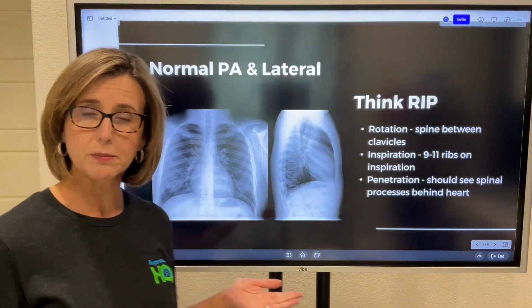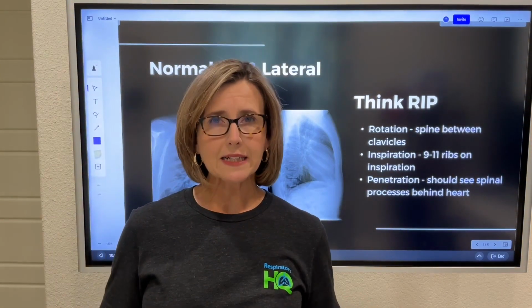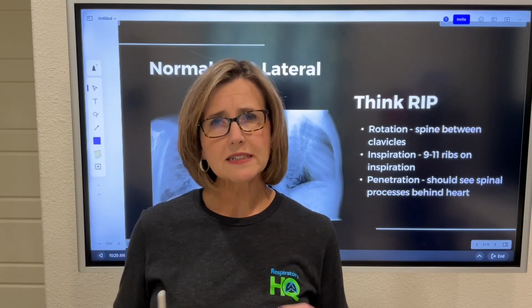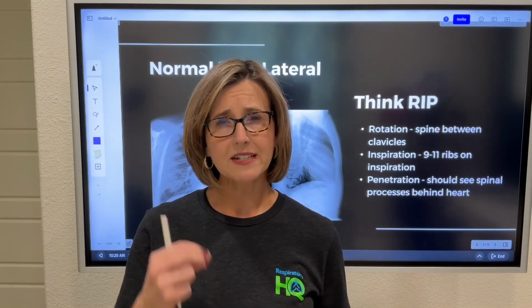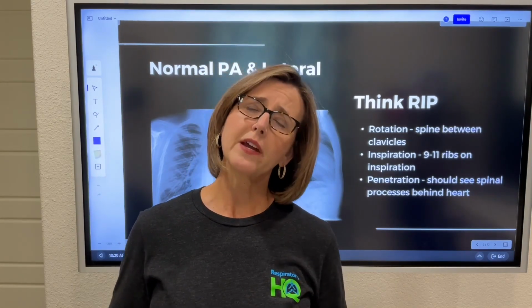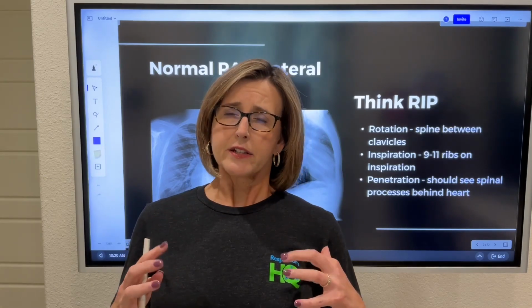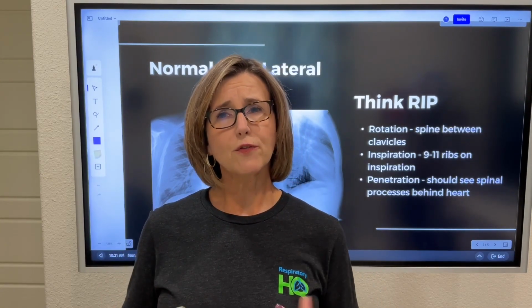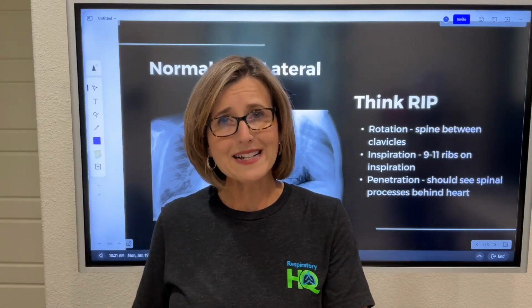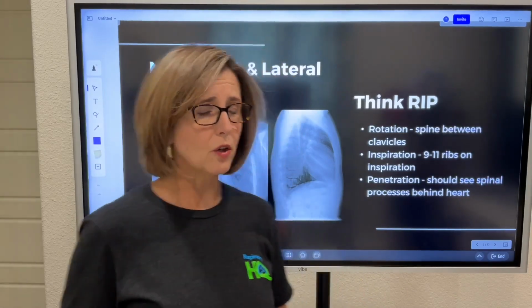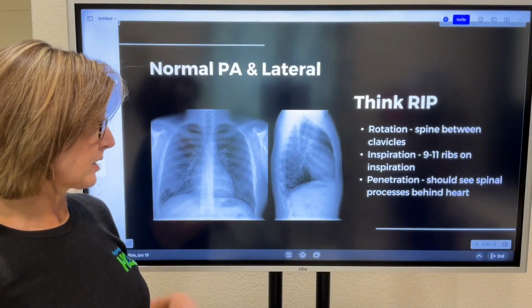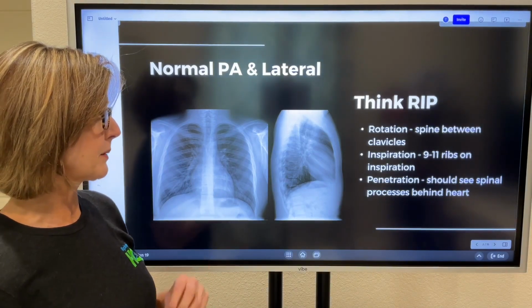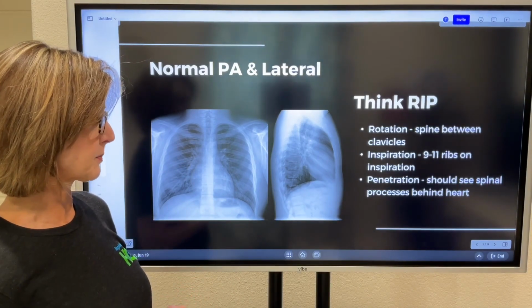So this is an inspiratory film. The reason that is important is if you don't see at least 9 ribs above the diaphragm, the chest x-ray doesn't have as much volume in the lungs and therefore is going to look more white and structures are going to look larger. So inspiration is what we want the films to be on. There should be between 9 to 11 ribs on inspiration.